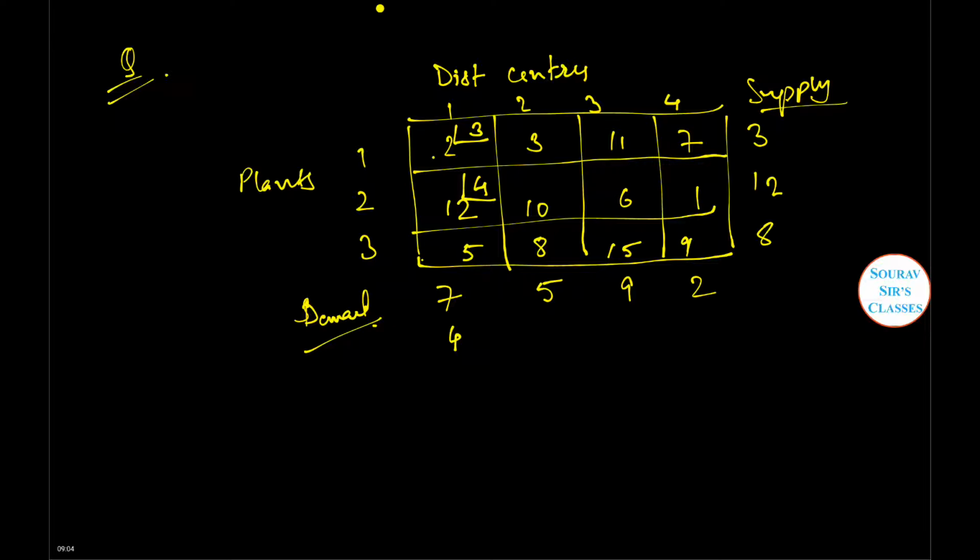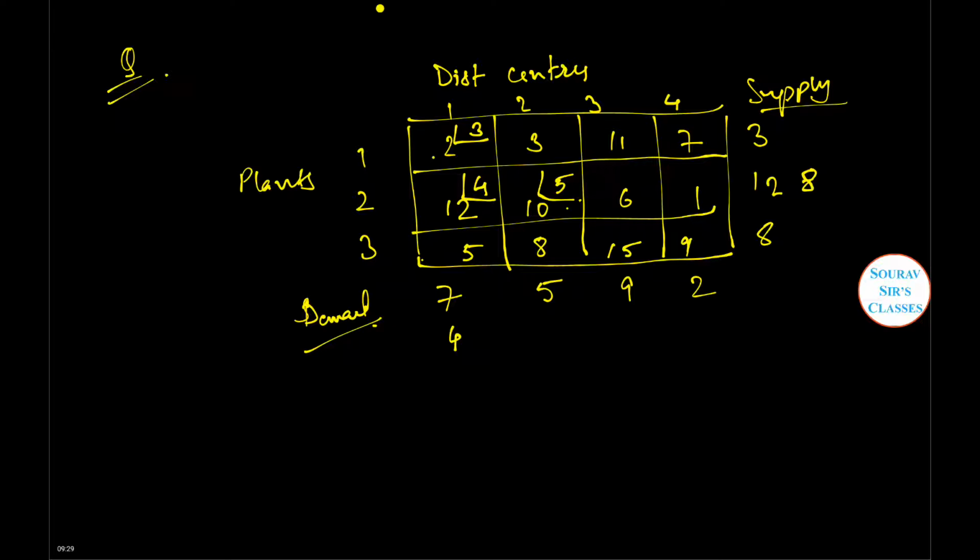Hence we move on to the right of the previously allocated cell, that is this cell. Here the demand is 5 units, whereas supply is 12 minus 4, 8. Hence we allocate the minimum, that is 5. Clearly this column is also fulfilled.